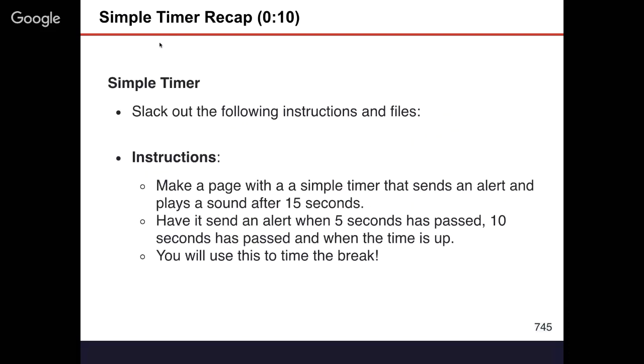All right, so let's do the simple timer recap instruction. What we're going to do is make a timer that sends an alert and plays the sound after 15 seconds. We'll send an alert when 5 seconds has passed, 10 seconds has passed, and when the time is up. You will use this to time the break.